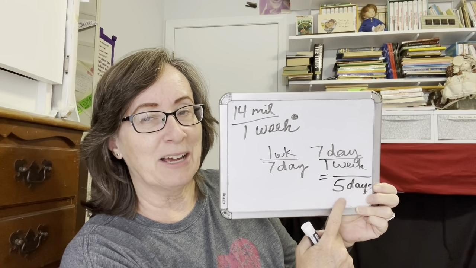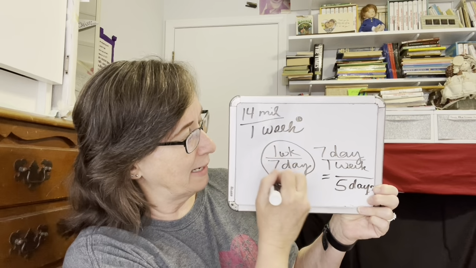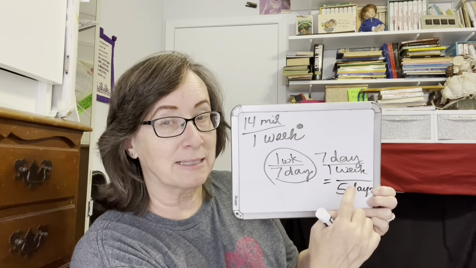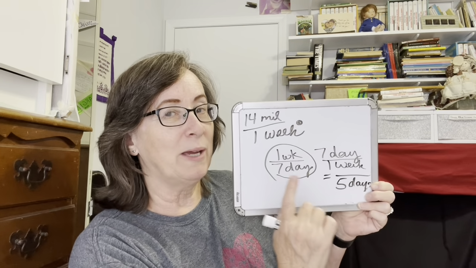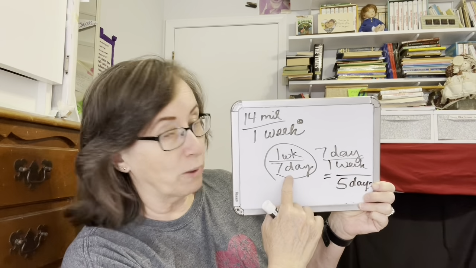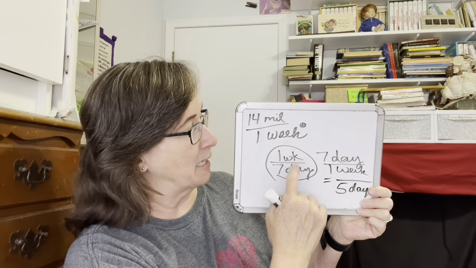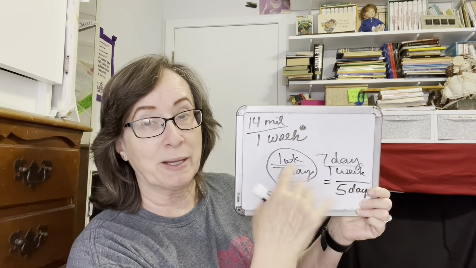We're trying to get down here to 5 days on the bottom. So I think we should use this one. Now, they're both exactly correct, but we have to decide which one we need for our situation. So we're going to multiply by 1 week over 7 days, because we want weeks to go away. We want to cancel it.